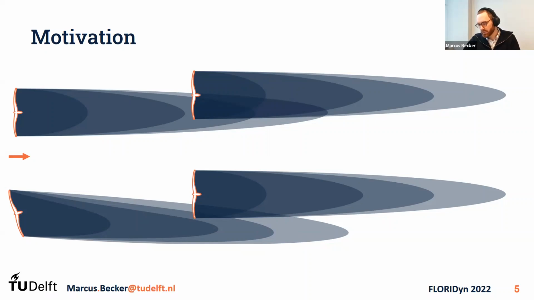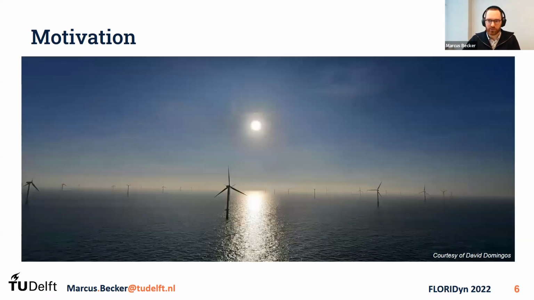And this computational cheapness is needed because this is what our reality looks like. We have large wind farms where there's a lot of wind turbines standing in each other's wake, and we need to somehow master this complex aerodynamic interaction and try to find optimal set points for these wind farms.